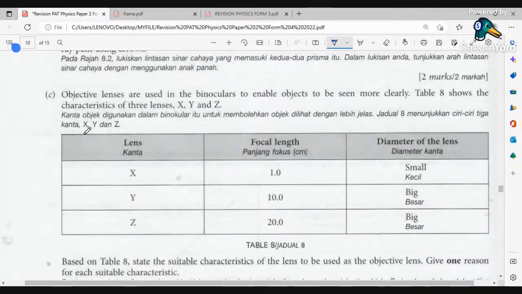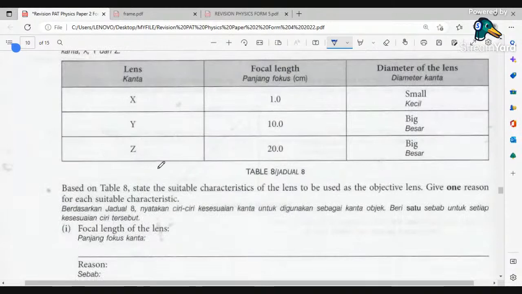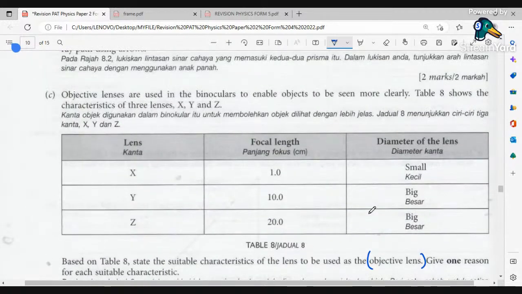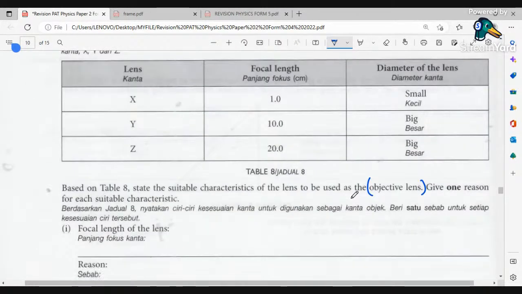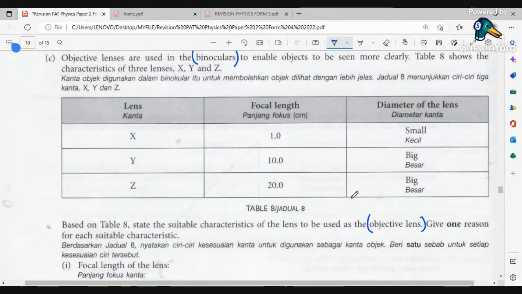Okay, part C. Based on the table, state suitable characteristic to be used as objective lens. This one is binoculars. Part 1, focal length must be longer focal length.